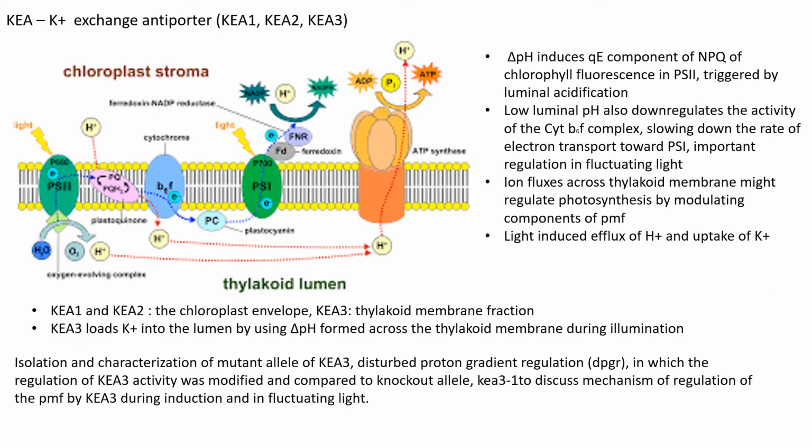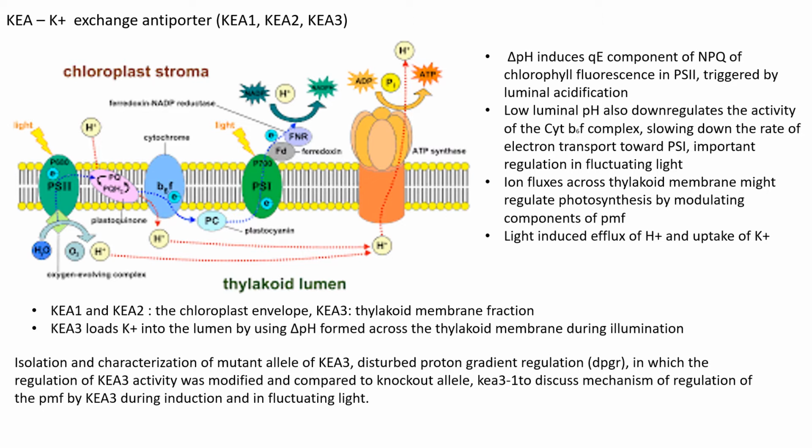The word KEA stands for potassium, that is symbolized by K+, exchange, antiporter. So K is from the symbol of potassium, E from exchange, and A from antiporter. There are 3 different kinds of the KEA proteins present.